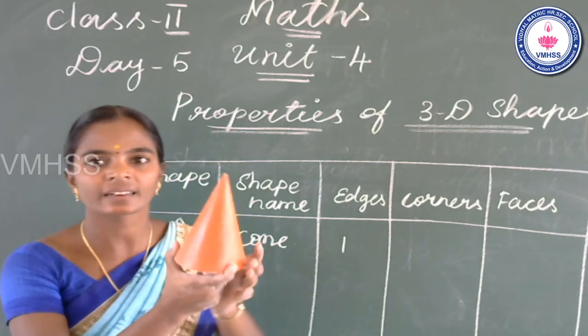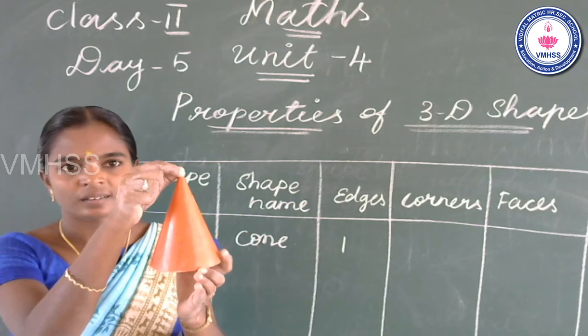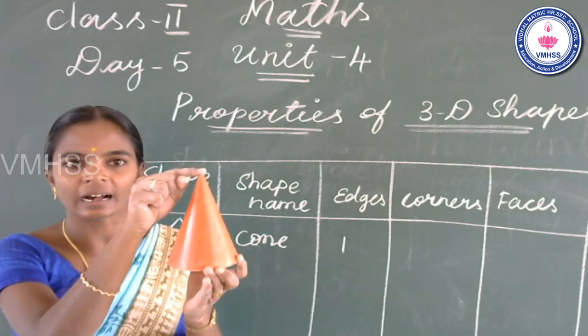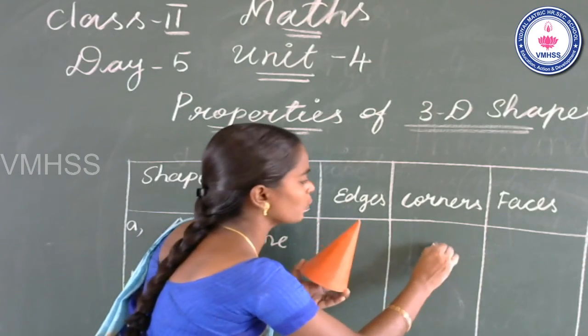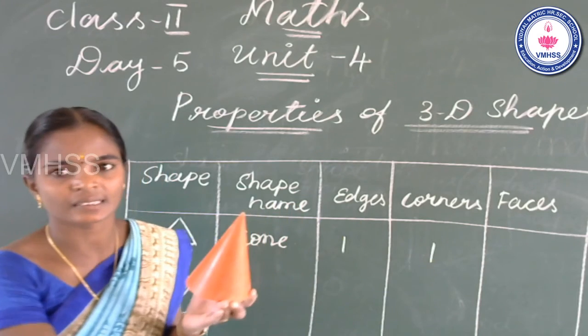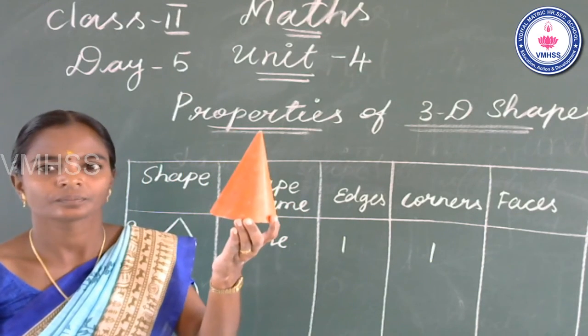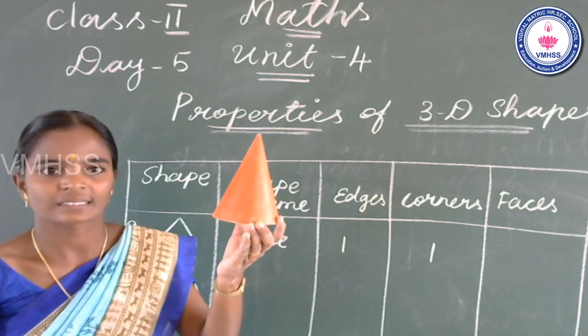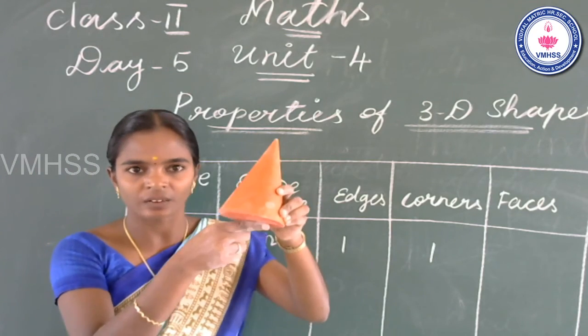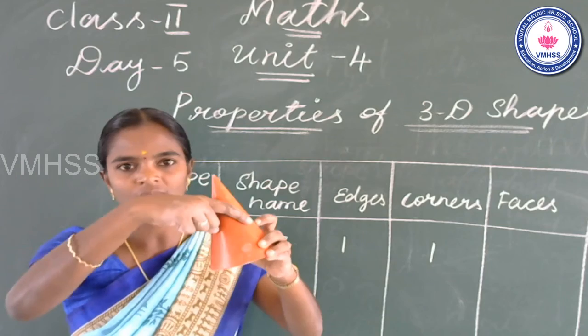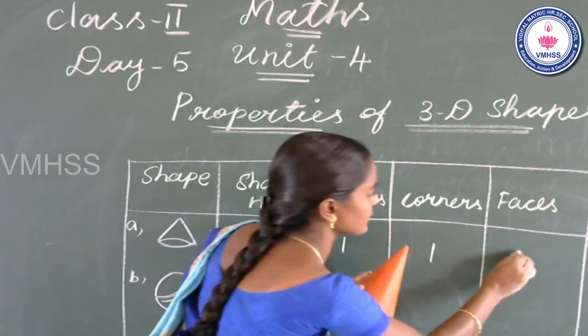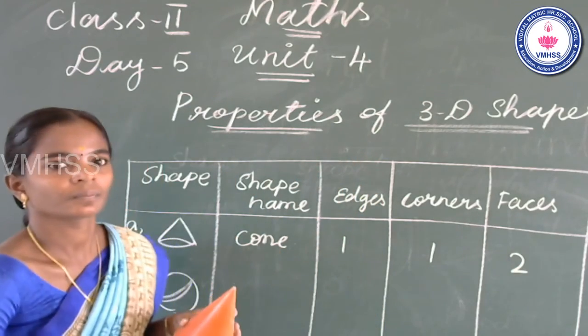How many corners? 1. So corners 1. Next faces. How many faces? 2 faces: 1 flat face, 1 curved face. So 2 faces. Write fast.